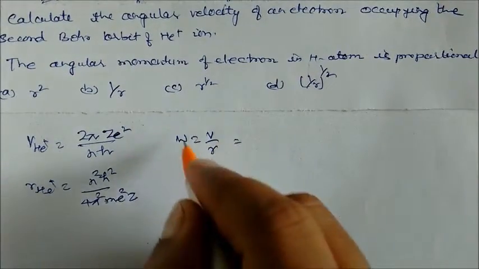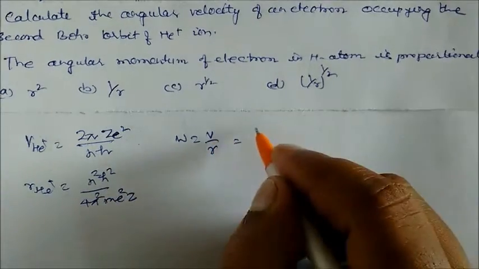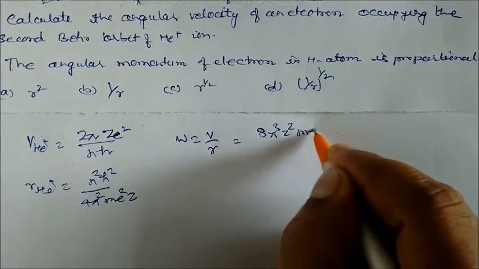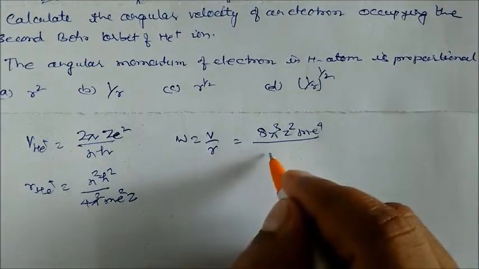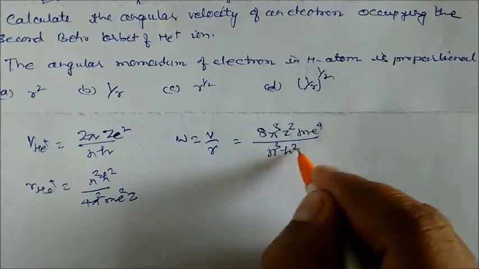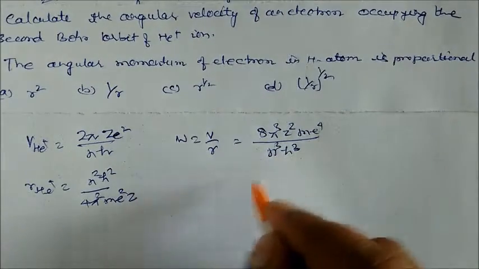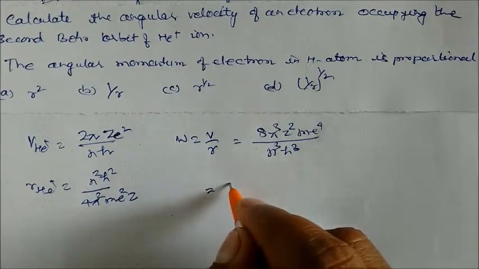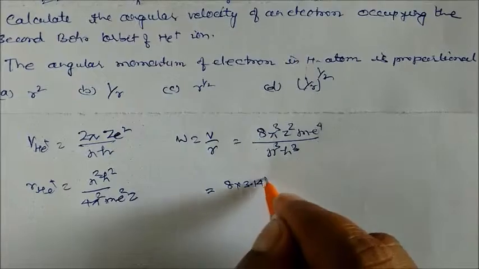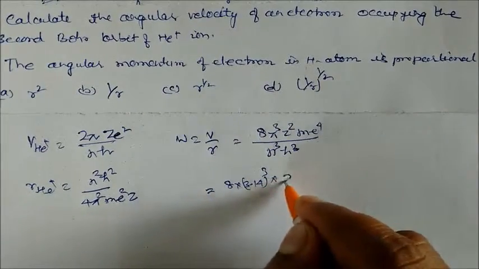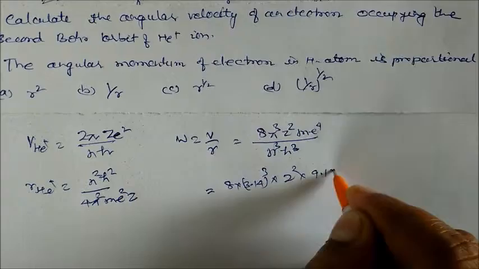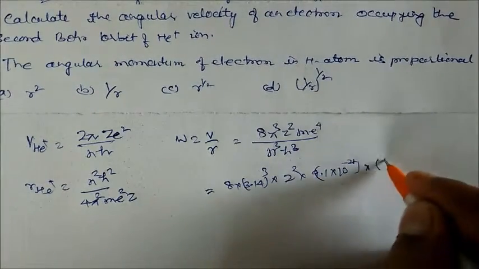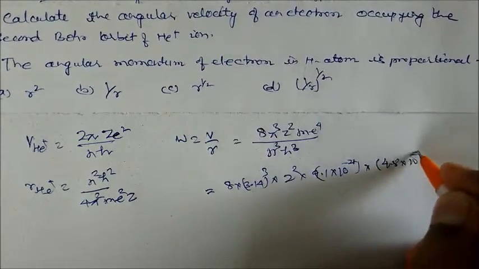So on solving, putting these values of v by r, it becomes 8 pi square z square m e to the power 4 divided by n cube h cube. Now we can substitute these values. On substituting we get 8 into 3.14 square, into 2 square, into 9.1 into 10 power minus 28, which is the mass of the electron, multiplied by 4.8 into 10 to the power minus 10 whole power 4.